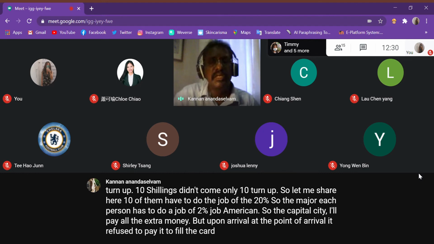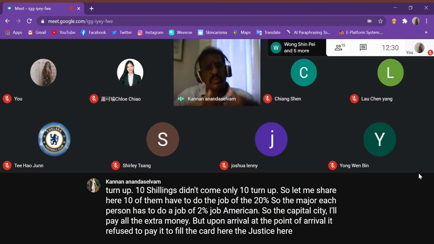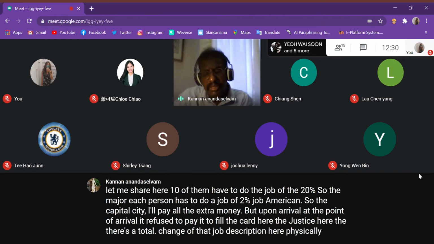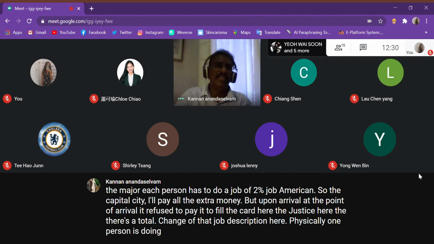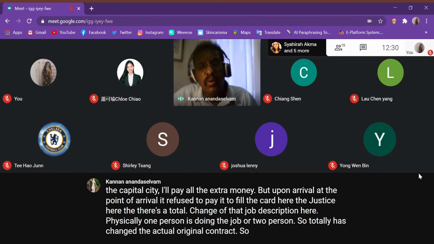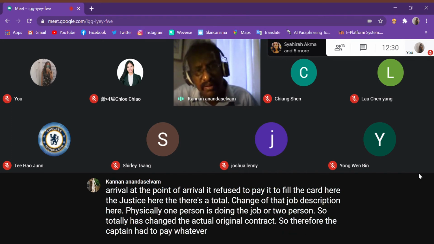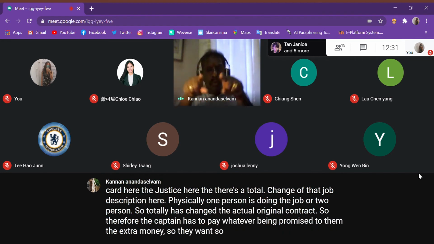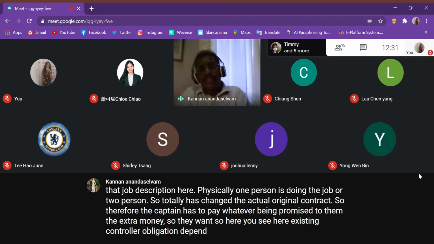Here the judge said there's a total change of the job description. Here physically, one person is doing the job of 2. So it totally changed the original contract. Therefore, the captain had to pay the extra money promised to them. So here you see, existing contract obligation depends on the degree of the difference.